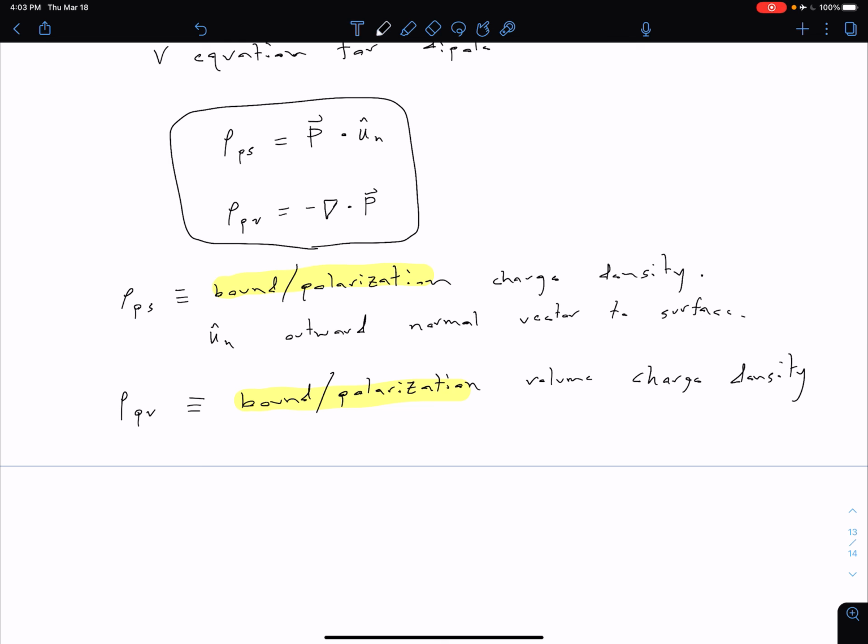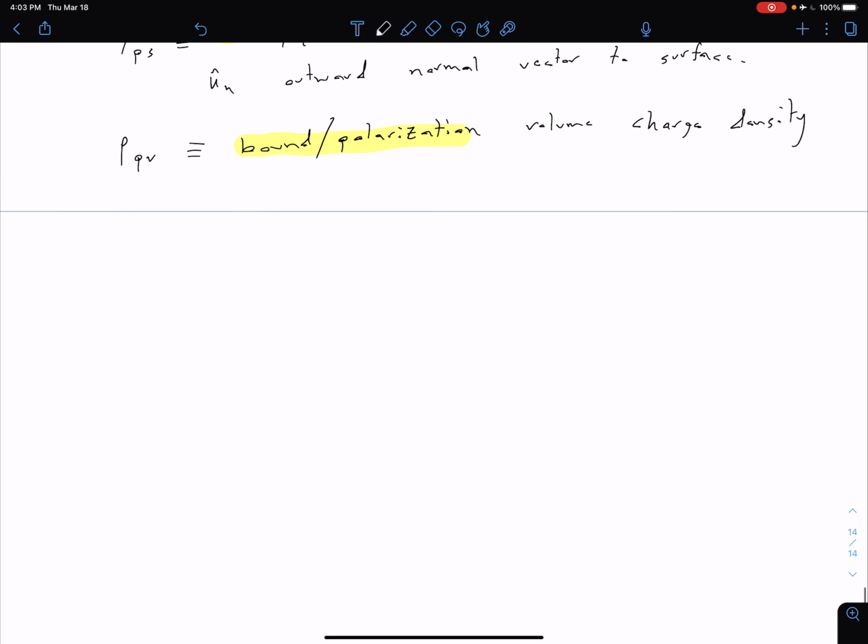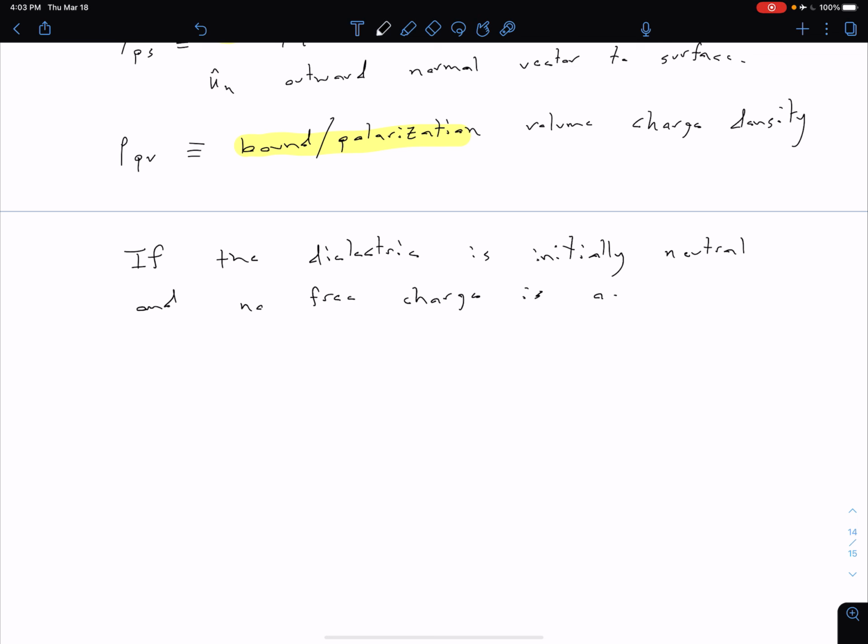So one last thing we're going to talk about, to set up for our next video, is that if our dielectric is initially neutral, and we're saying no free charge is added, then it's going to remain neutral after polarization.